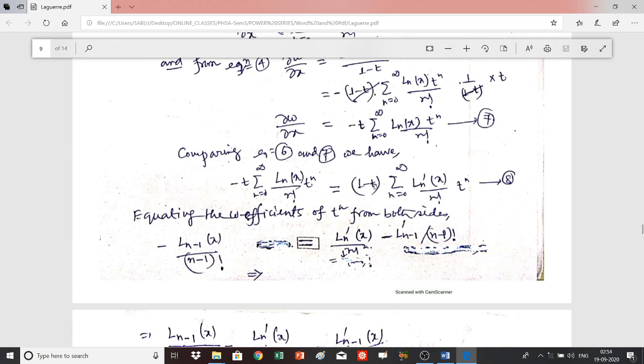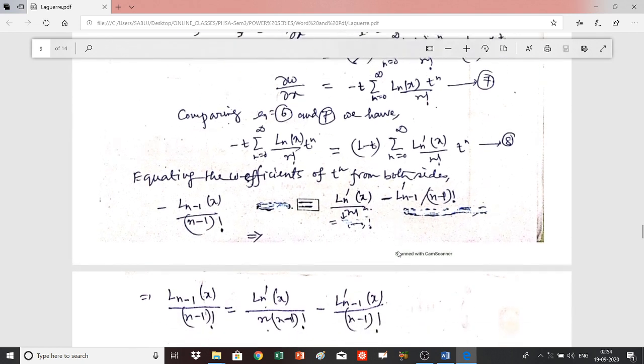And in the second case, n should be replaced by n minus 1 here also, and then you will have t L n minus 1 prime x, with n minus 1 factorial here instead of n factorial. So this term is equal to this.